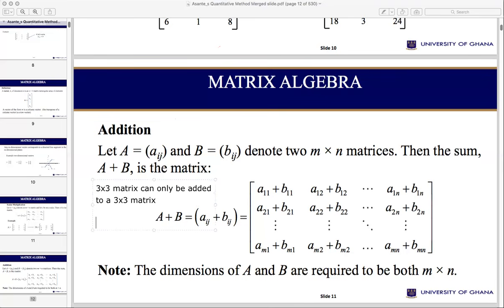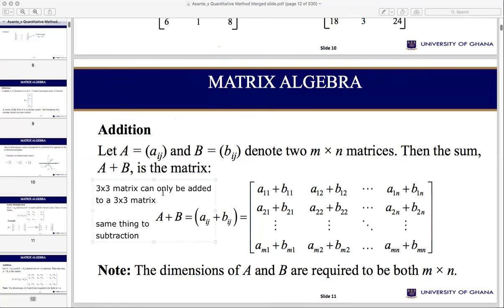Same thing applies to subtraction. So meaning that a 3 by 3 matrix can only be added to what? A 3 by 3 matrix. You can't add a 3 by 3 matrix to a 2 by 2 matrix or a 2 by 1. You understand? That's basically it.